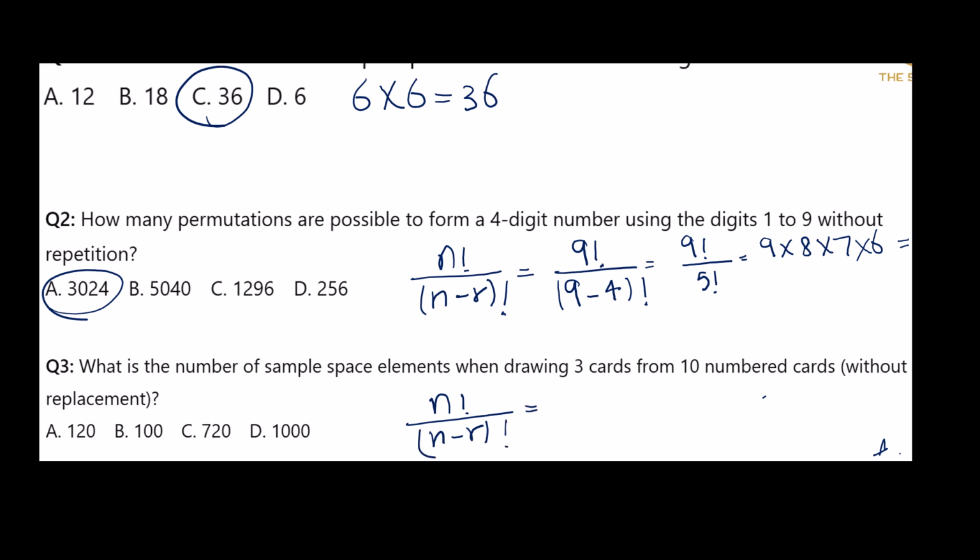Here it would be 10 factorial over 10 minus 3 factorial. So 10 factorial over 7 factorial. This means I'm going to cancel everything starting from 7. So it would be 10 times 9 times 8. So it would be 720.